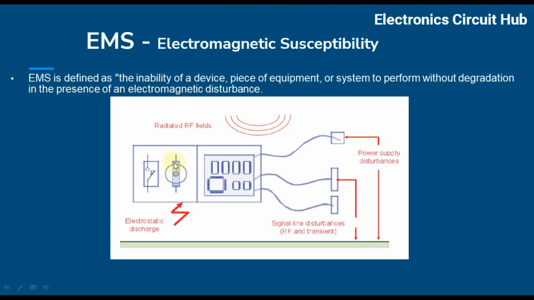Now you have your PCB boards, PCB assembly here, and you can see your noise can be coupled through the cable and impact this PCBA or your product. Your noise can also be coupled through an electromagnetic wave, and it can impact your product.